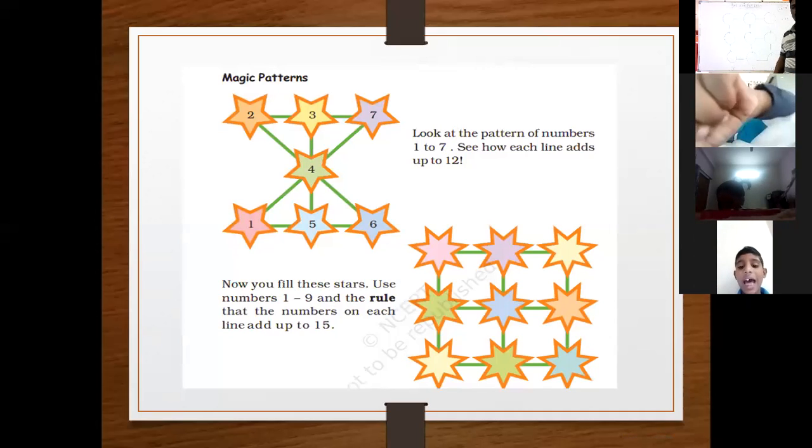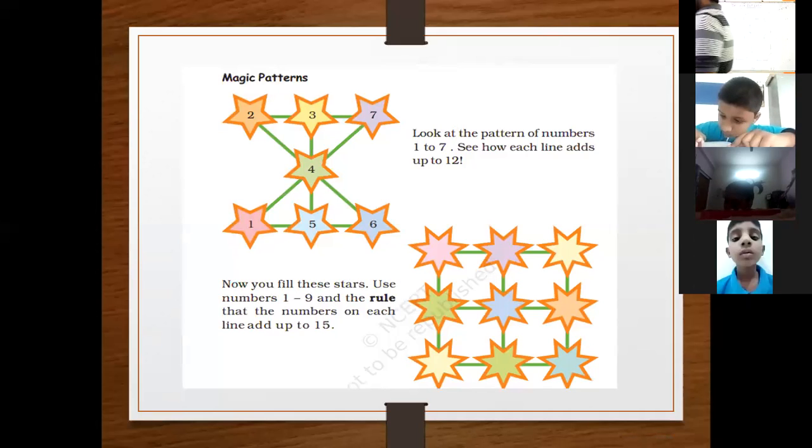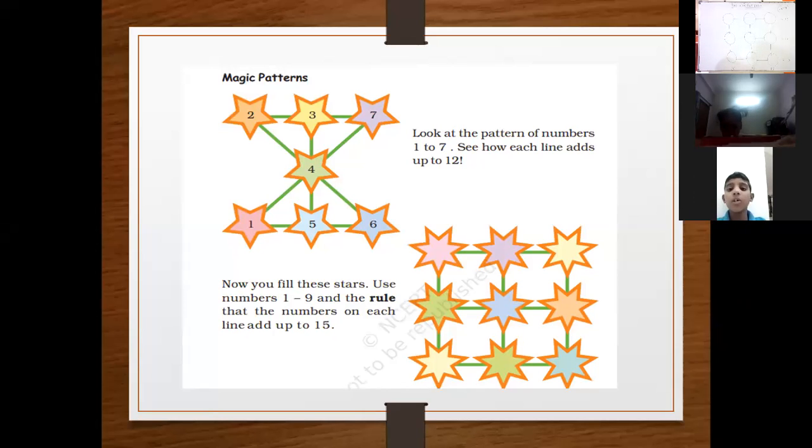I'm giving 2 minutes time. You try, otherwise I will give the answer. You have to put the numbers so that the total should be 15. Try, let me know the numbers. 1 to 9 numbers you have to keep.